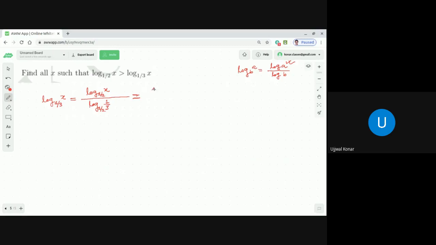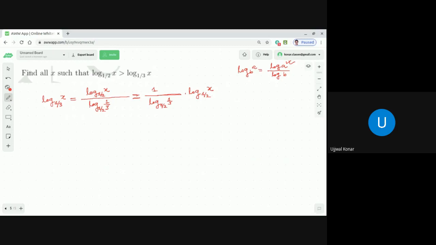Let me write one more step. It is 1 by log of 1 by 3 base 1 by 2, into log of x base 1 by 2.